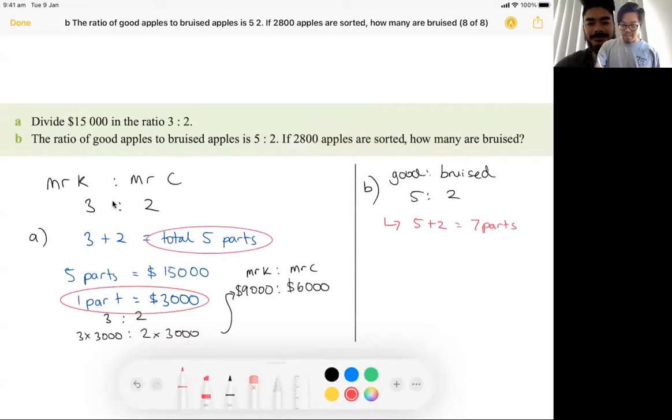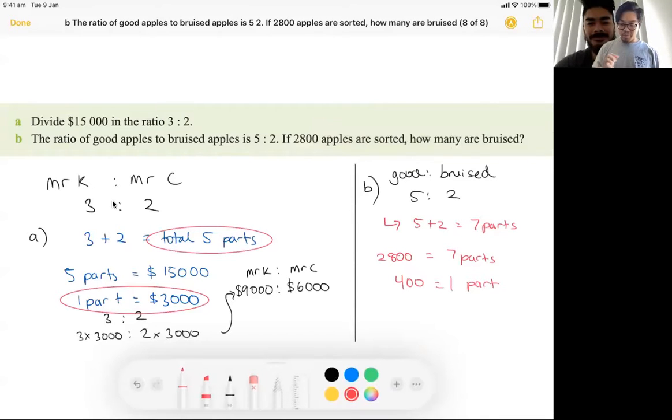It says here that there's 2,800 apples. So 2,800 equals 7 parts. How am I going to find one part? I'm going to divide 2,800 by 7. That gives me 400. So one part represents 400.